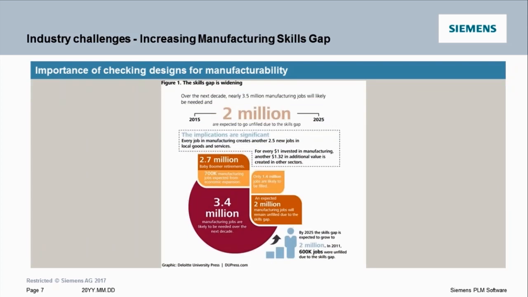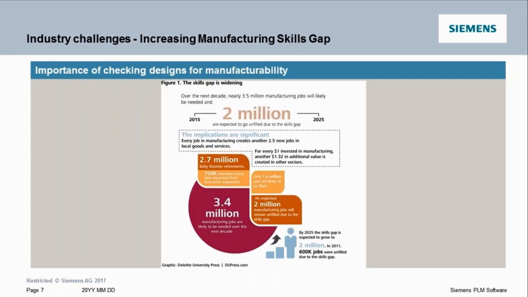The other important aspect that we have been seeing throughout the industry, and especially in the US market, is that there is a manufacturing skills gap, and that has been widening. There are a lot of engineers coming out of college who do not have enough manufacturing experience, and with a lot of manufacturing happening in different parts of the world, if you are not getting exposed to that, you don't exactly know how certain designs are finally manufactured.